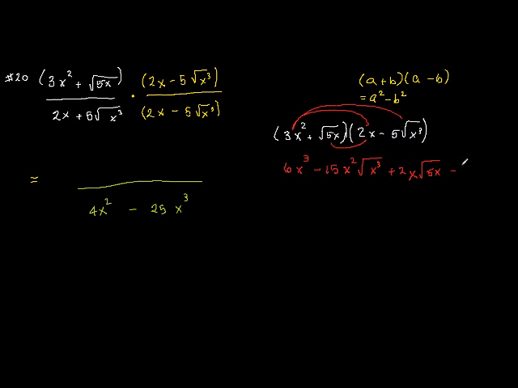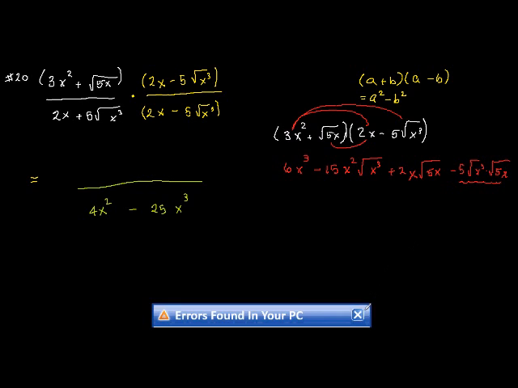There's a 5 in front, and then there's a square root of x cubed, and then times the square root of 5x. So this is what we get in the numerator. Let's see if there's anything we could clean up a little bit. I see over here that I've got two square roots multiplied by each other.